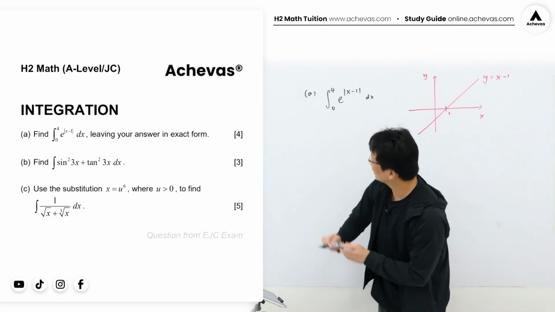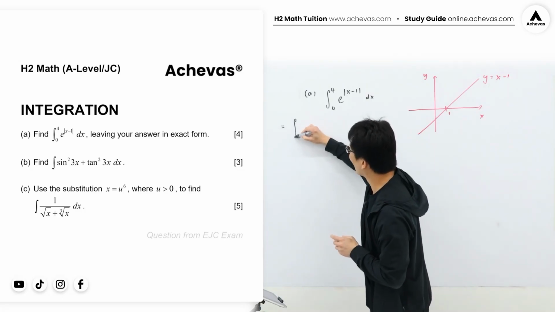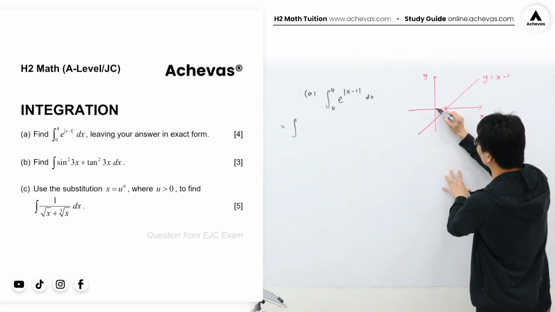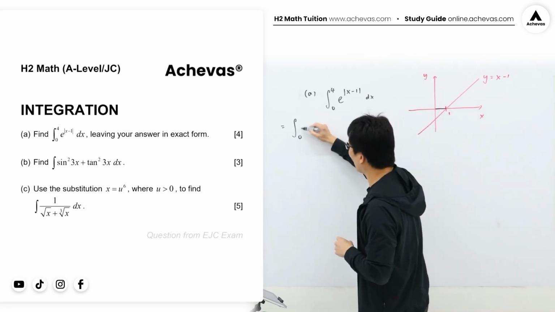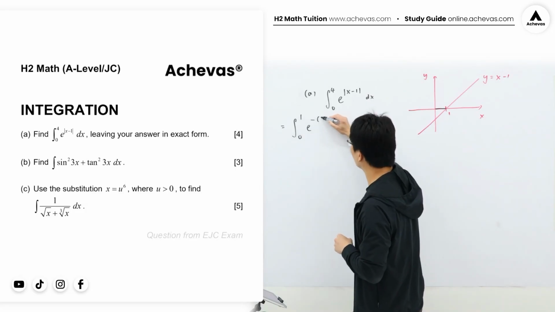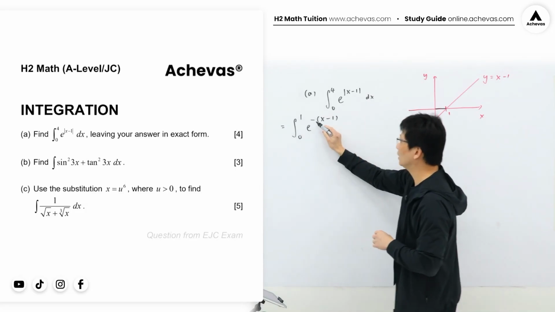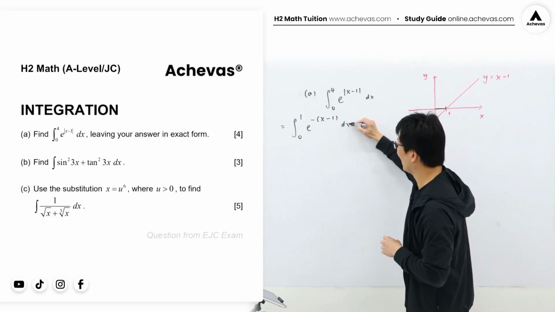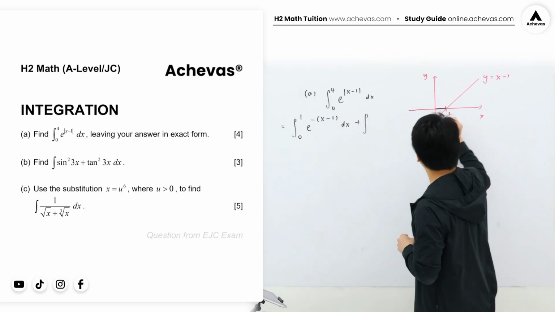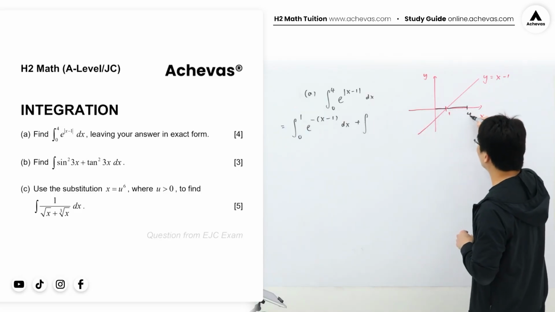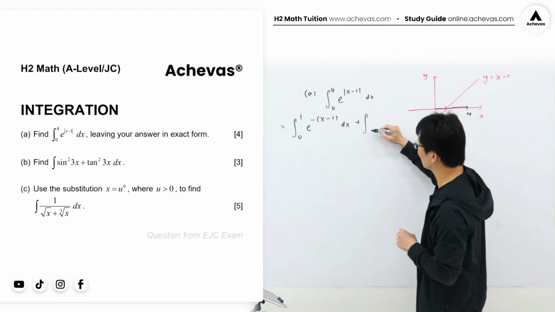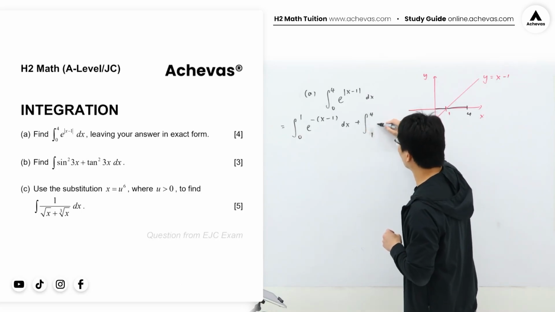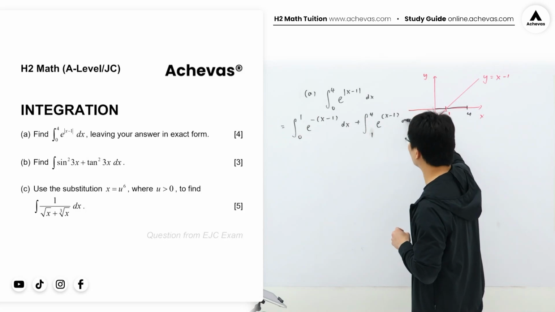So in this case, when we split up, I will have an integration from 0 to 1. 0 to 1 is this portion here. I know that I'll be taking the negative of the modulus, so exponential e to the power of minus x minus 1 dx. And from 1 to 4 here, it will give me a positive value, so I will just take the exponential with the positive for the modulus.